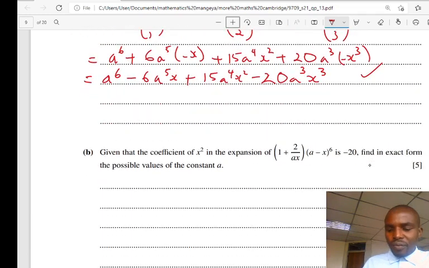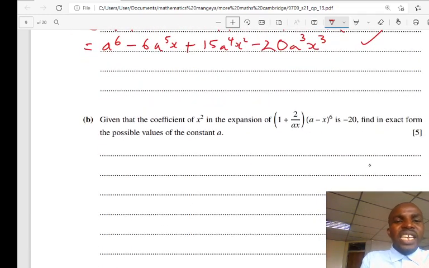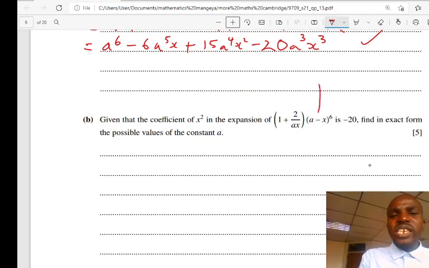Next question is saying, given that the coefficient of x squared in the expansion of that one is minus 20, find in exact form the possible values of the constant a. Possible values of the constant a, right? What you do here is this one we've already expanded it.